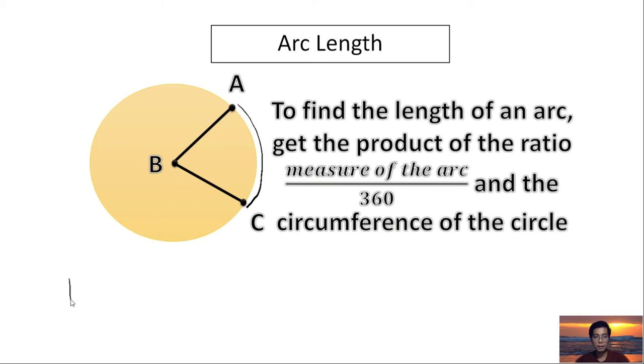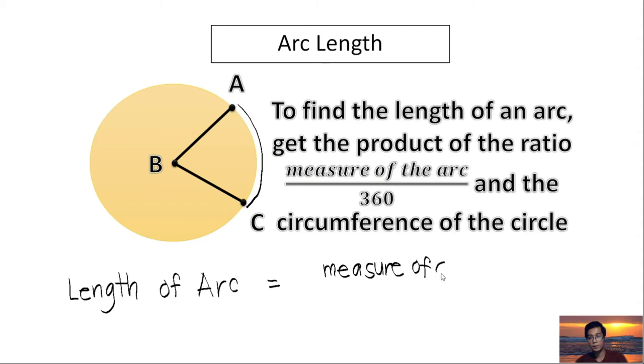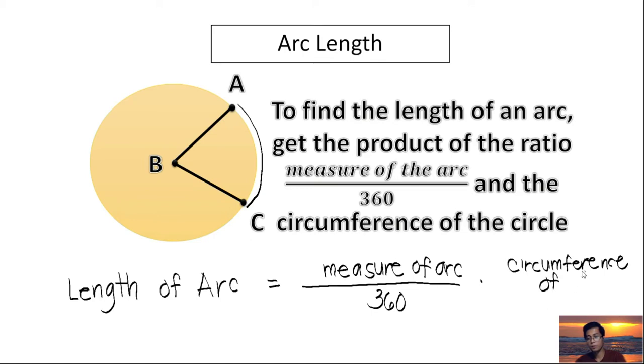Sulat natin sa baba. So length of arc, ang ating pong formula, length of arc is equal to measure of arc all over 360 times the circumference of the circle.